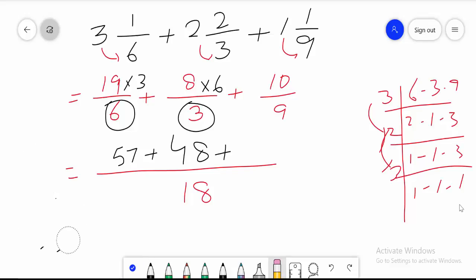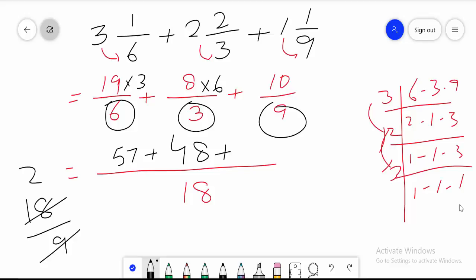if you still have any confusion, you can comment under the video. I will try to help you completely. 18 divided by 9, 9 twos are 18, and 2 multiply here, 2 tens are 20. Now simplify it further.